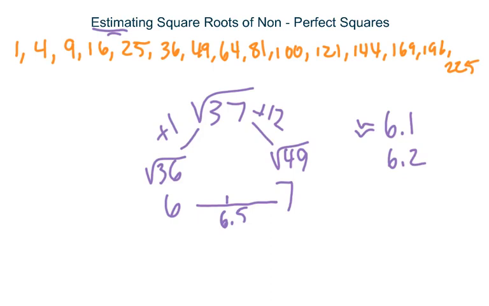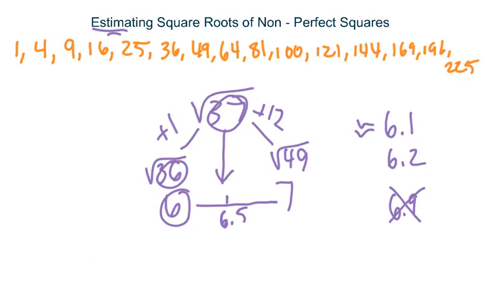Anything larger than that is a little far off, especially if you were to guess something like 6.9. That wouldn't even be accepted because we know that 37 is much closer to 36, meaning that the square root has to be closer to 6 versus 7, okay?